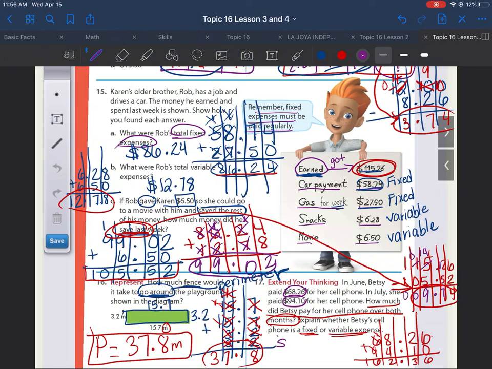So it would be fixed expense. For example, for my cell phone, I pay $80 every month. So that would be a fixed expense. When it varies, like it did for Betsy, that you have different amounts, that would be considered a variable expense.